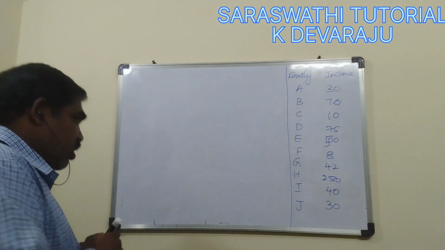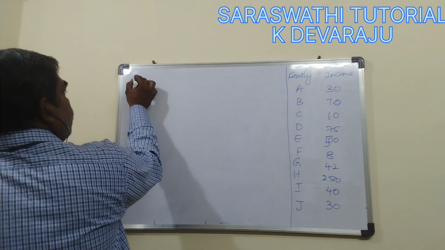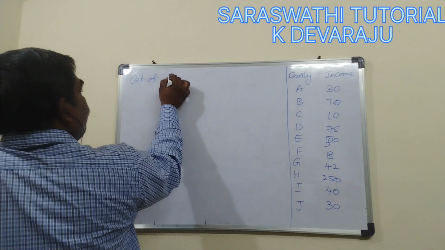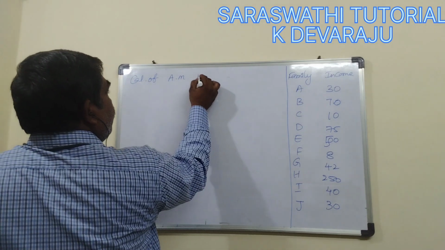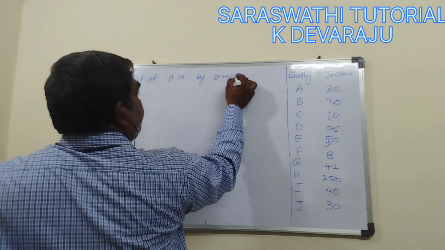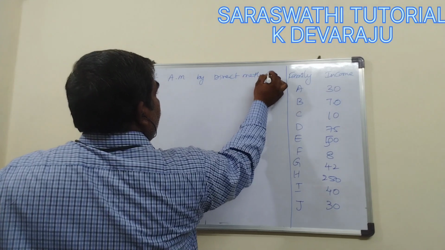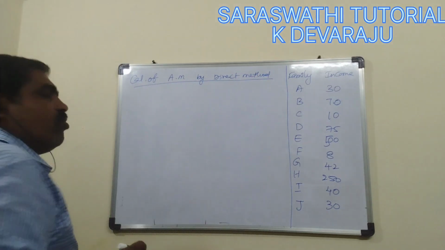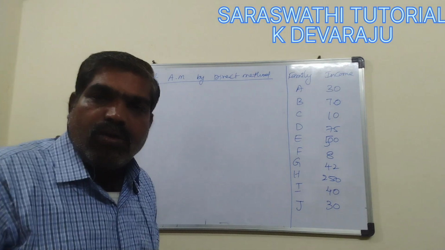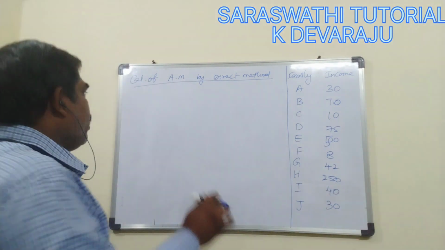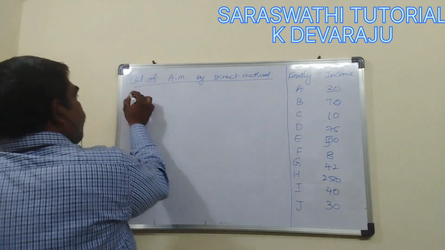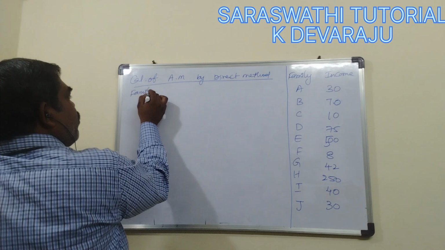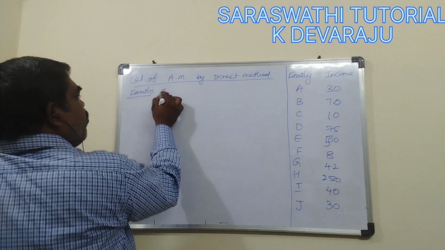So the question is calculation of arithmetic mean by direct method. For getting the full marks, the table is very important, right? Prepare the table, with family and income, whatever the question has given.